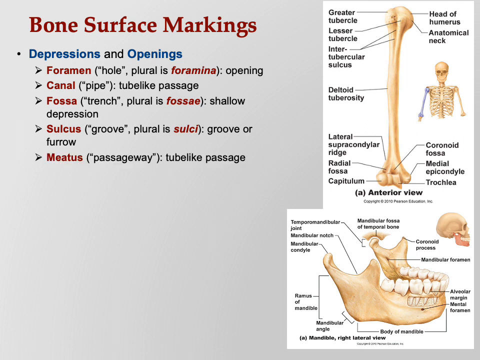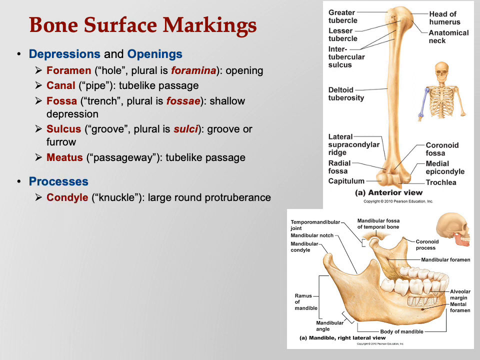So what I'm trying to do here is showing you the terms that you're going to be seeing over and over again. If you learn what they mean, then it'll make it a lot easier when you see them. So a lot of bones will have a foramen, a lot of bones will have a fossa, and so on. So if you know what those words mean, then you already know what it is you're looking at or where you might find it. So a meatus, a tube-like passage.